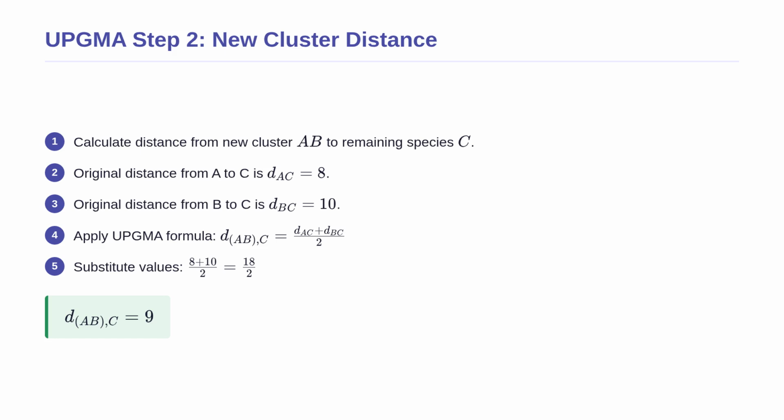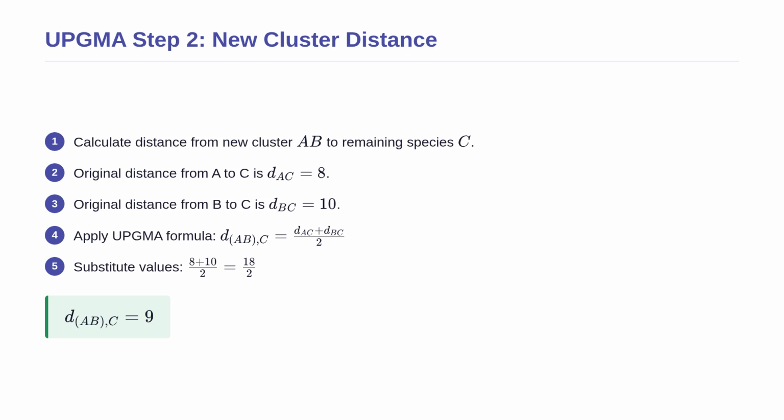Now that we have formed cluster AB, we must update our distance matrix. We need to find the distance from our newly formed cluster AB to the remaining species, C. We take the original distance from A to C, which is 8, and the original distance from B to C, which is 10. We add these two values together to get a total sum of 18.